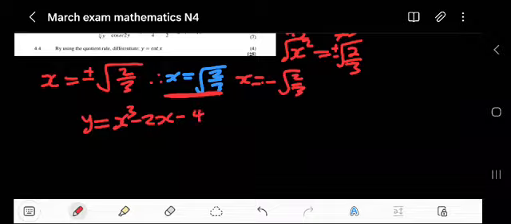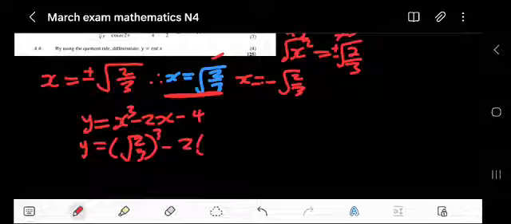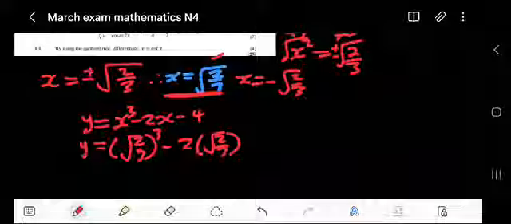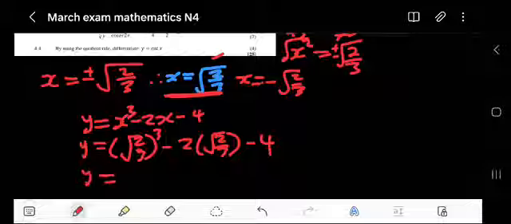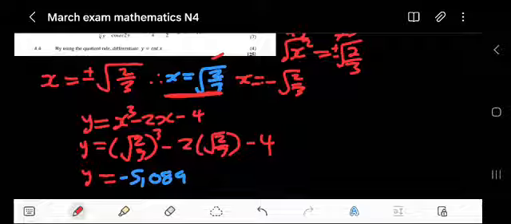We'll substitute the square root of 2 over 3 cubed minus 2 times the square root of 2 over 3 minus 4. The y coordinate will be negative 5.089.